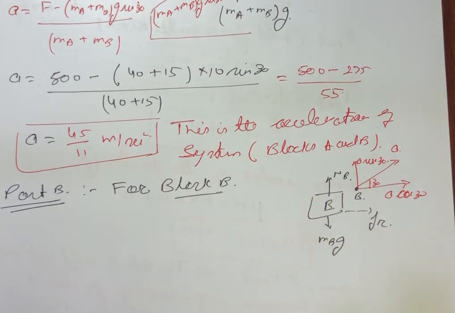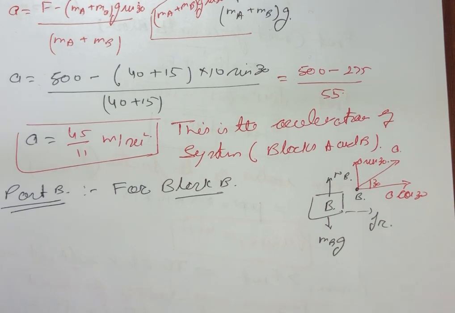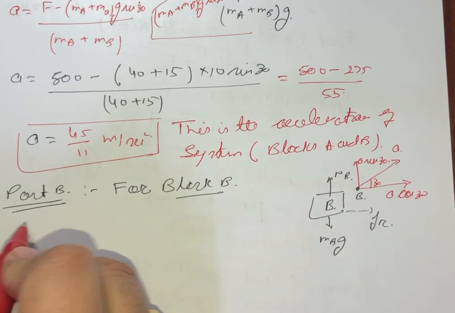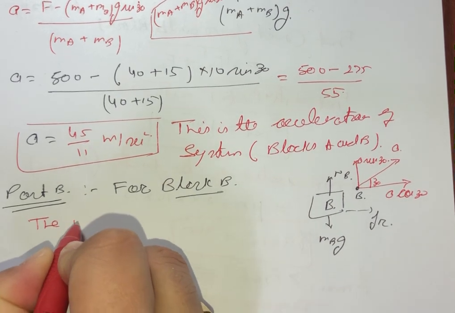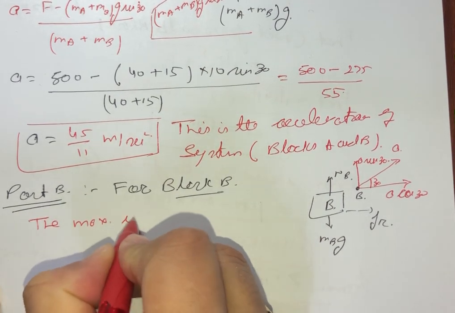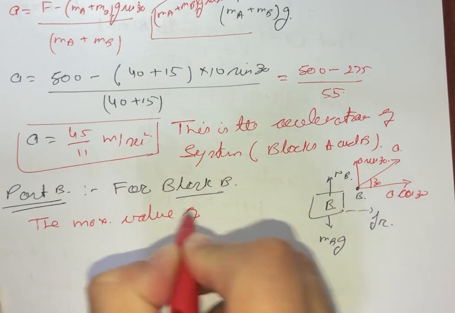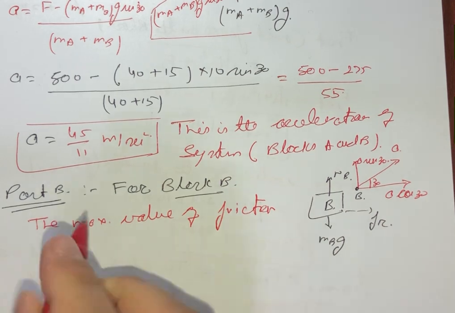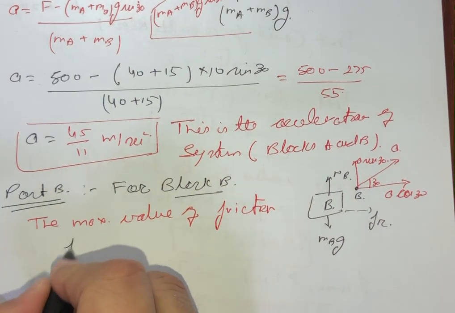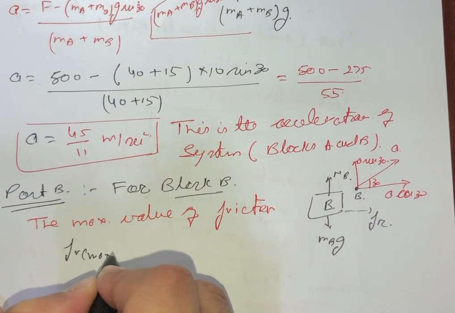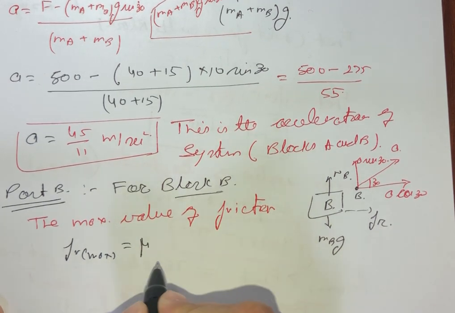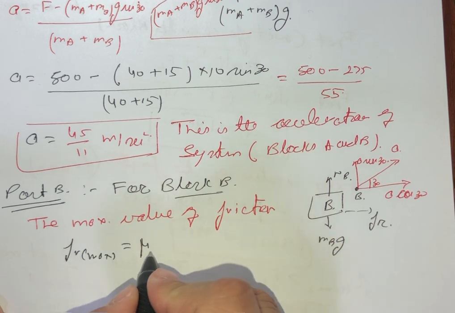So we can write that the maximum value of friction for block B, let us call that FR max, will be equal to the coefficient of friction, let us say mu, multiplied by NB.